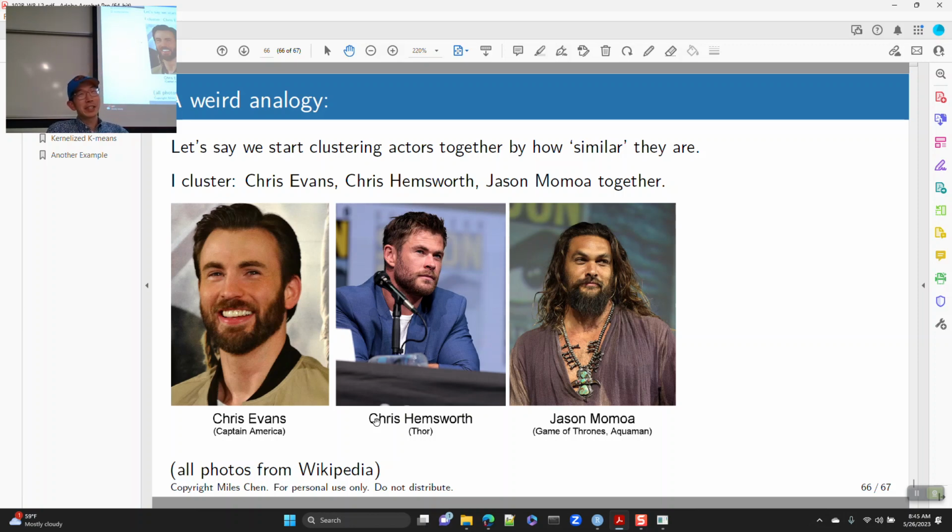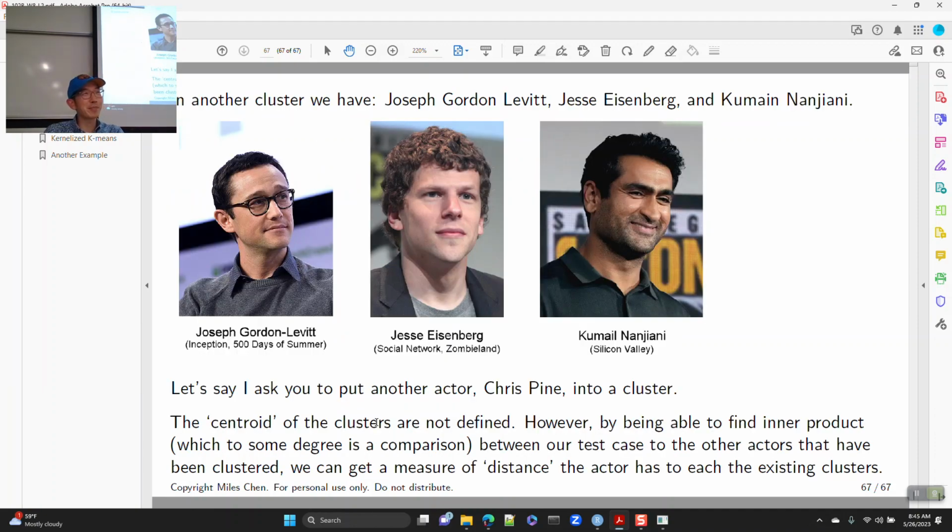So you can cluster these actors together, and then you have other actors that play more intellectual roles, where they solve their problems with their wits, maybe with a little bit of comedic undertones as well. And is there a centroid?